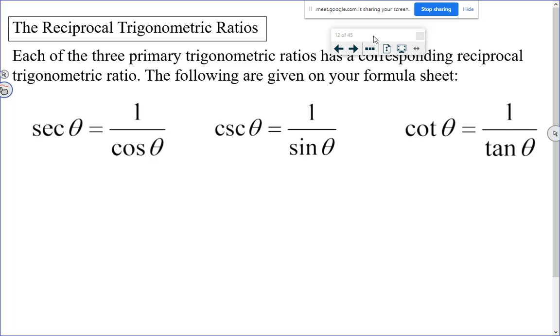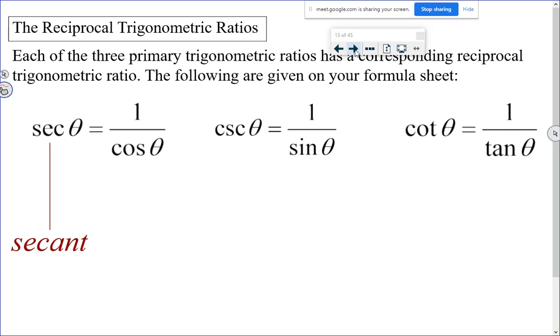Now, here are the 3 other trigonometric ratios. Sine, cosine, and tangent are called primary trigonometric ratios. These 3 are called reciprocal trigonometric ratios. Secant of an angle is defined as the reciprocal of cosine of the angle. And there's no way to abbreviate that when we say it.